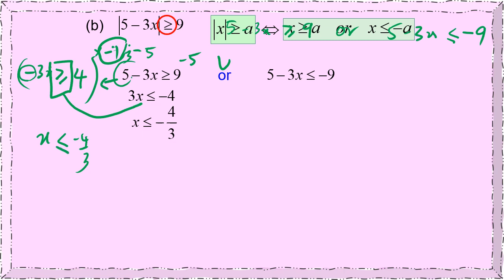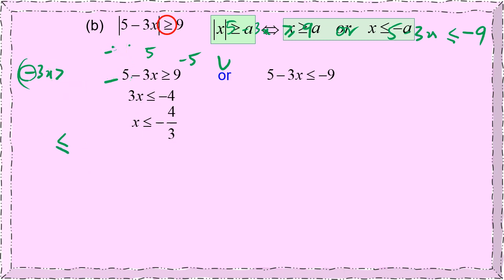Somehow in this part your lecturers may have shown that we minus 5 on each side, so we get negative 3x more than or equal to 4.